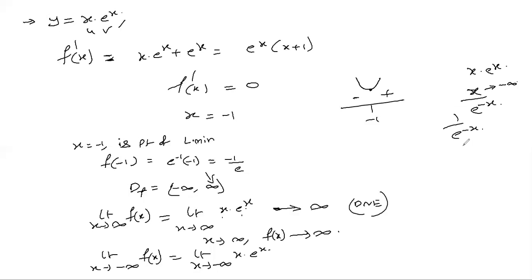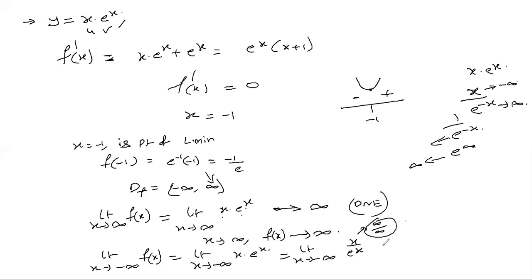1 divided by e power negative x. What about this? Whenever x is reaching negative infinity, it becomes what? E power infinity means infinity. Okay, numerator infinity, denominator infinity. So infinity by infinity form we can apply. So this is limit x tends to negative infinity of x divided by e power negative x, infinity by infinity form.